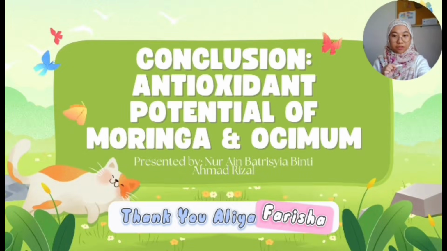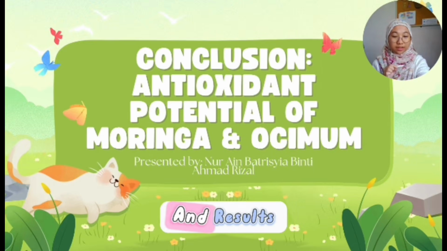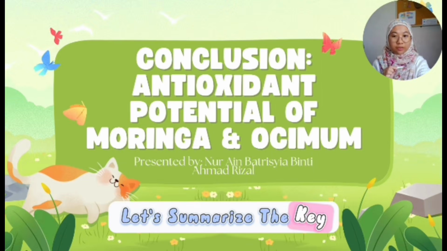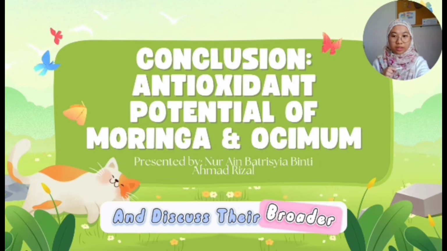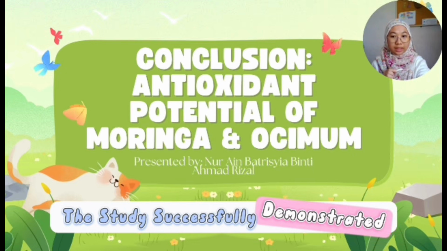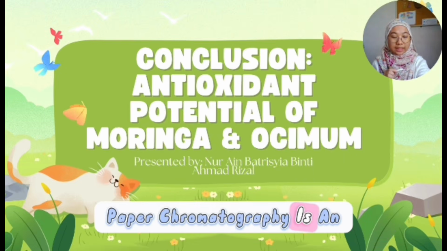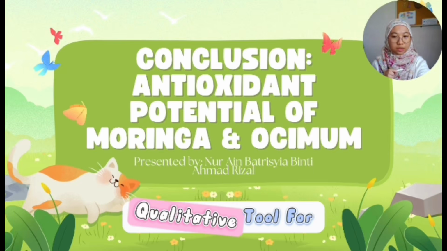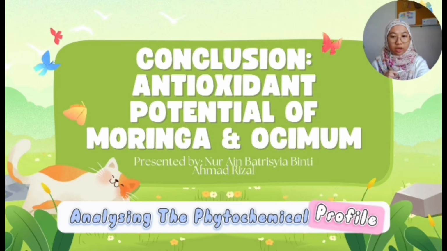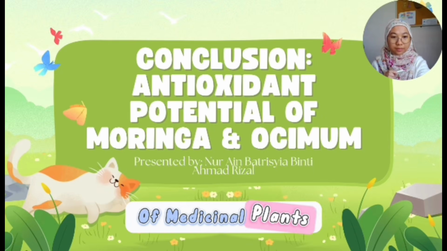Thank you, Alia Farisha, for detailing the methodology and results. To conclude our presentation, let's summarize the key findings and discuss their broader significance. The study successfully demonstrated that paper chromatography is an effective qualitative tool for analyzing the phytochemical profile of medicinal plants.